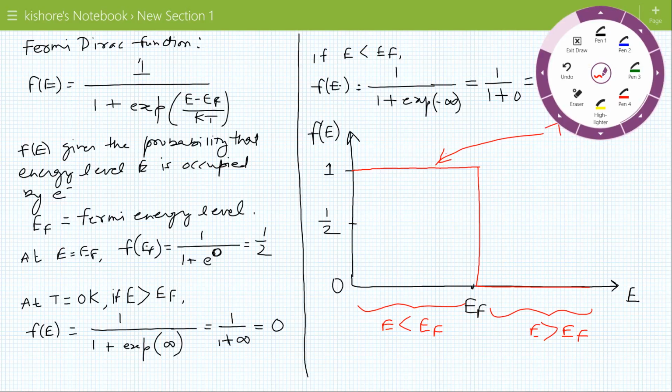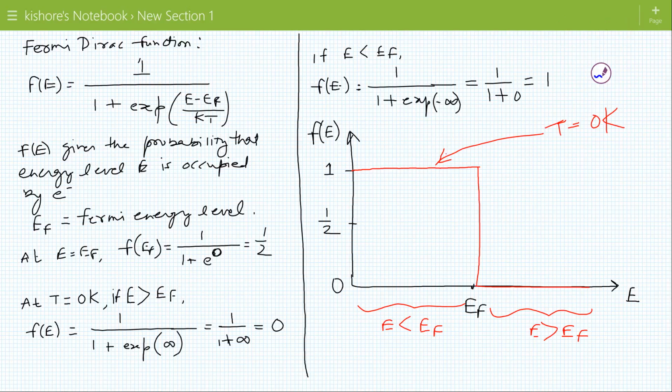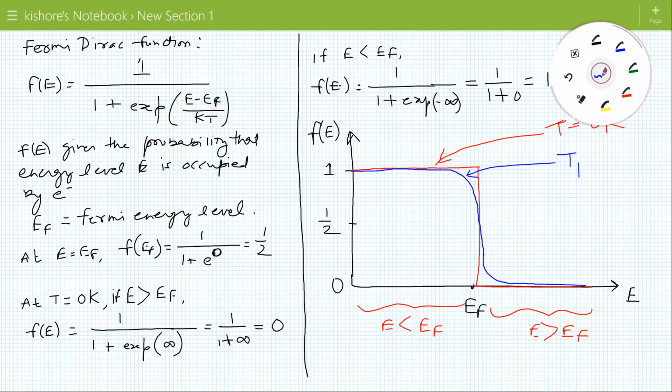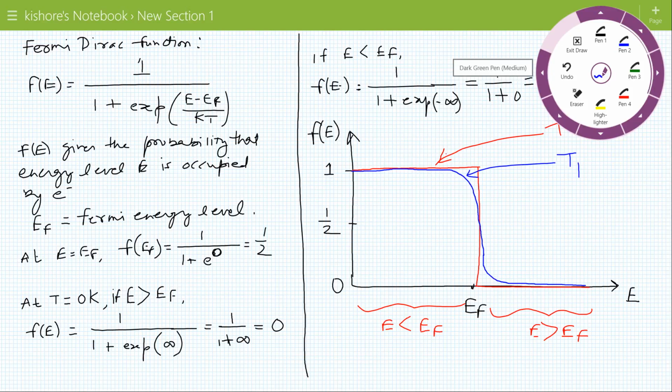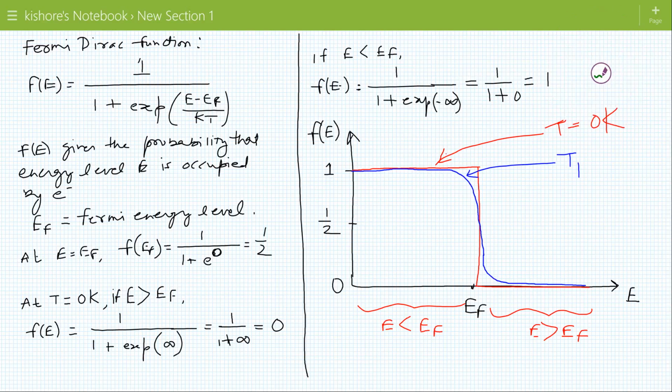Now if we increase the temperature, then the curve goes like this. At Fermi energy level, the value of Fermi-Dirac function is 1 by 2 at any temperature. Suppose temperature here is T1. Now if we further increase the temperature, then curve goes like this.